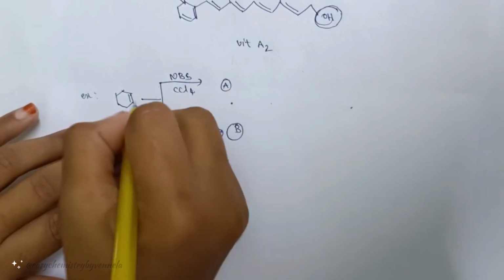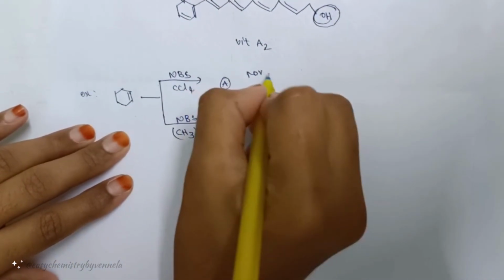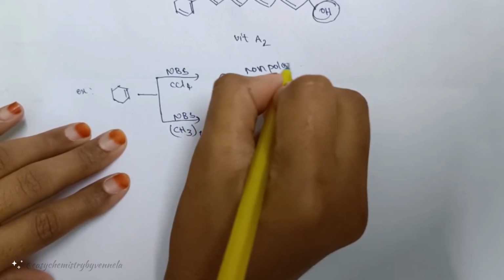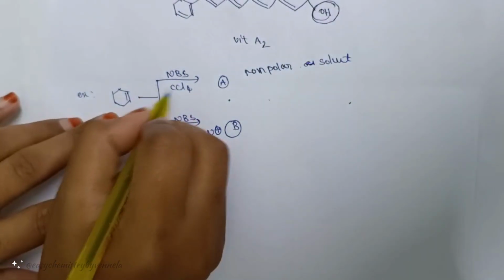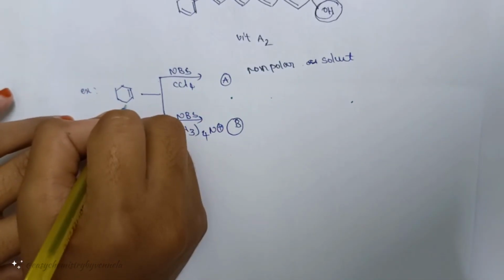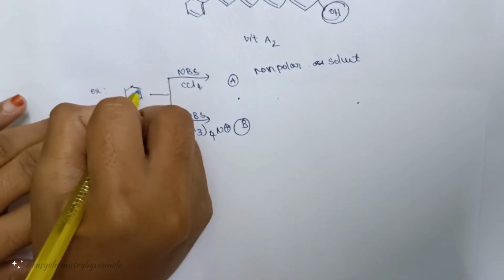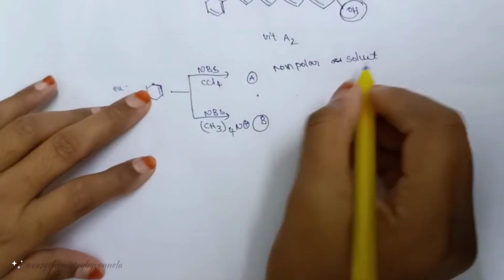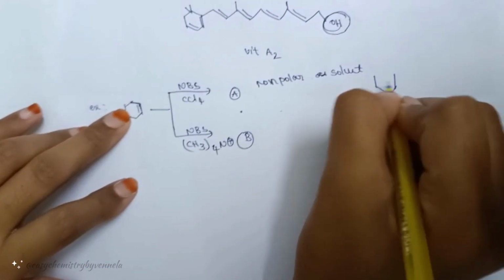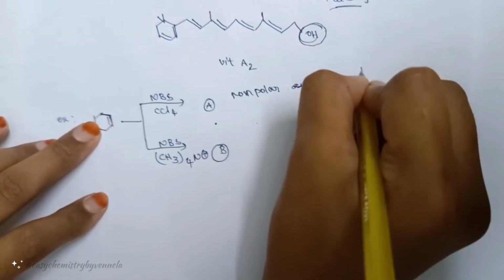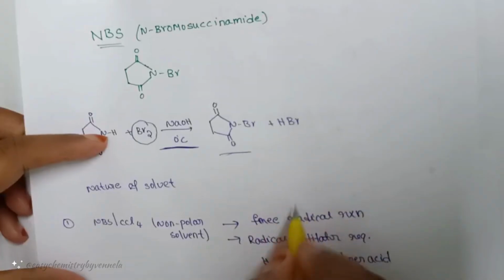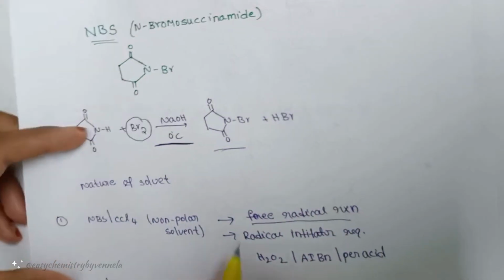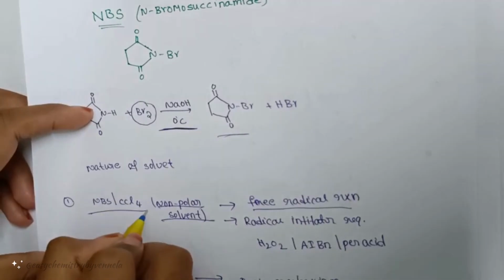So here it is a non-polar solvent. Bromine will attack on the allyl position. This is the allyl position. So product like this. It is a free radical mechanism, a free radical reaction, which is NBS in the non-polar solvent CCl4.